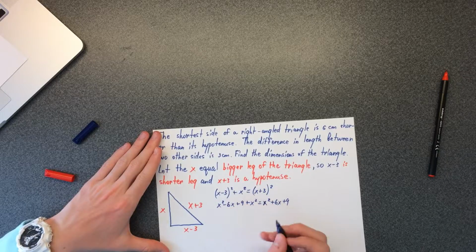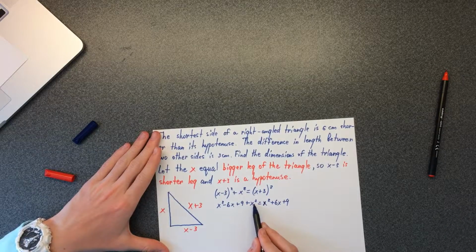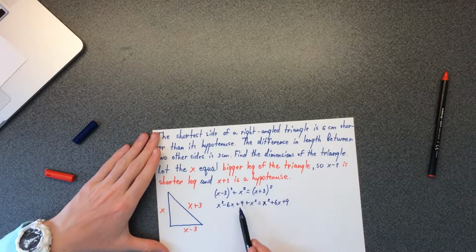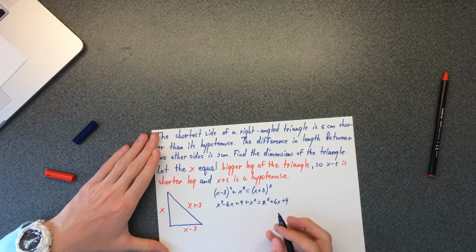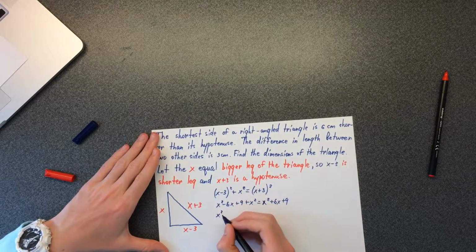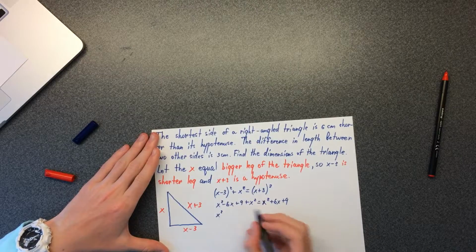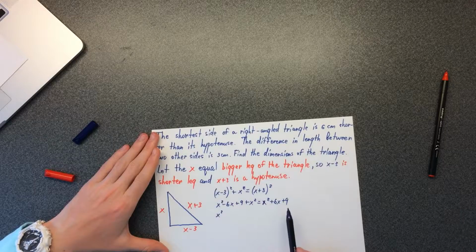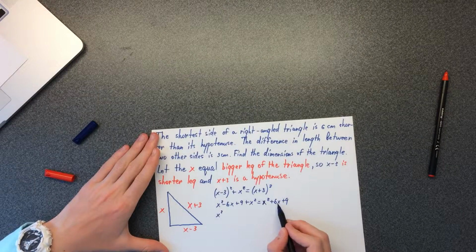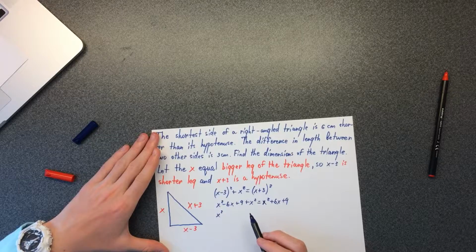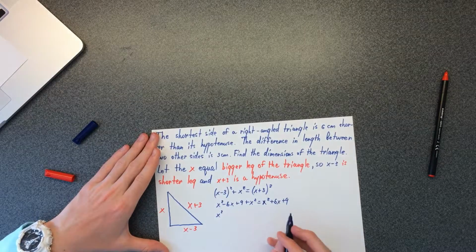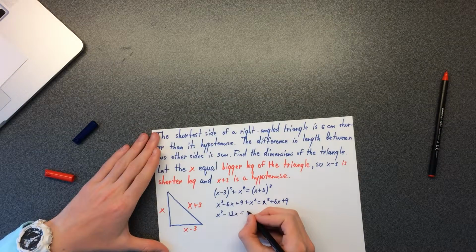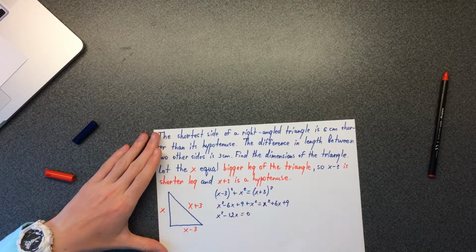So x squared plus x squared equals 2x squared, and after I put x squared on the other side it will be negative, so 2x squared minus x squared equals x squared. Now if I put 9 on the other side it will be negative 9, so 9 minus 9 is 0, and if I put 6x on the other side it will be negative 6x, so minus 6x minus 6x equals minus 12x, which equals 0, because I need to put everything on one side.